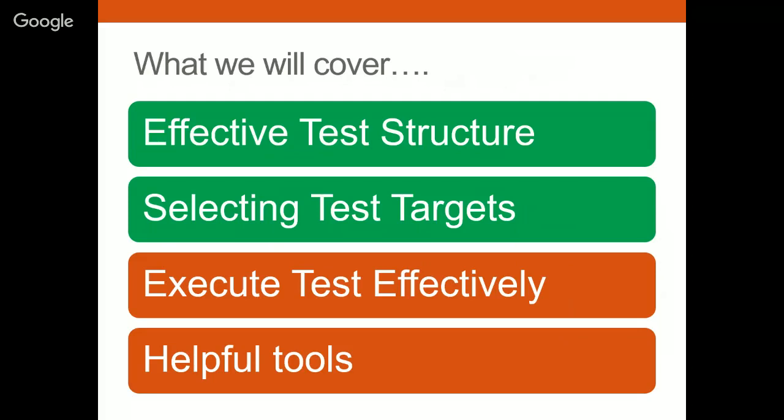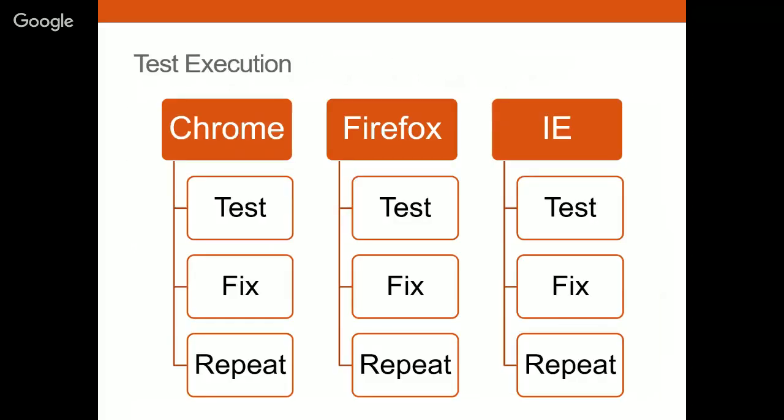As for the test execution, I personally like to use a cycle to test. So as I said earlier, for every browser, you will test either a specific feature or you do a full test or a test of one page. It doesn't matter that much. After the test in this one particular browser, you will go and fix any problems you might encounter during the test.